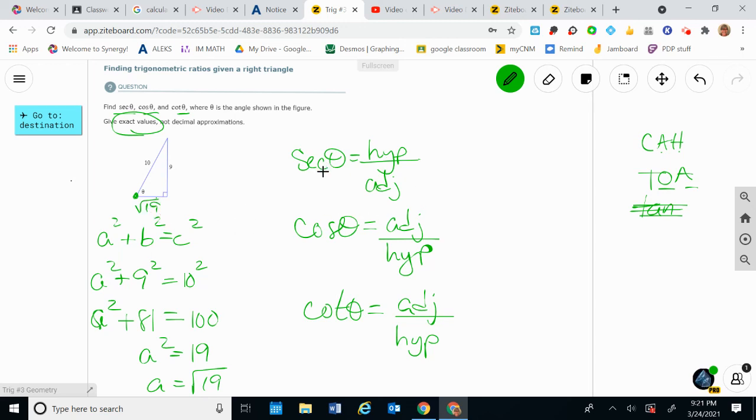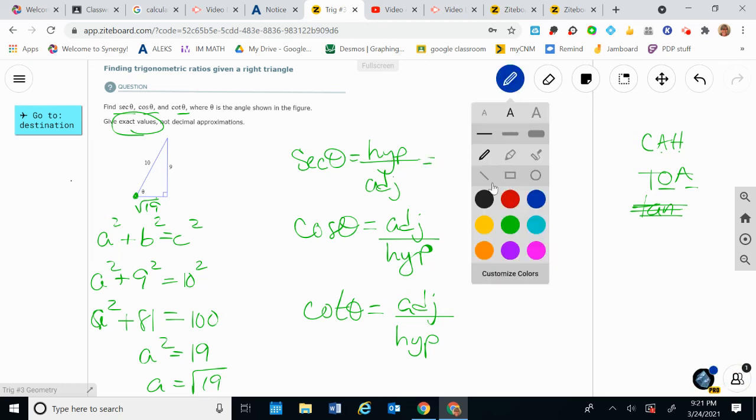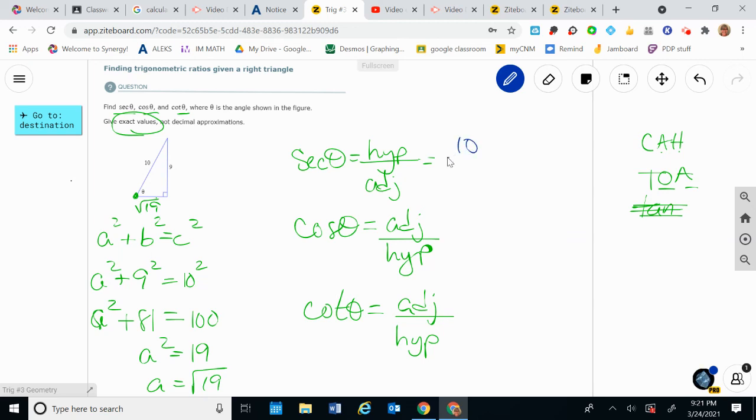So the secant is hypotenuse over adjacent. So that becomes 10 over the square root of 19. But you can't leave it like that. So you have to rationalize the denominator. Square root of 19, 19 squared cancels out, and you just get 19.